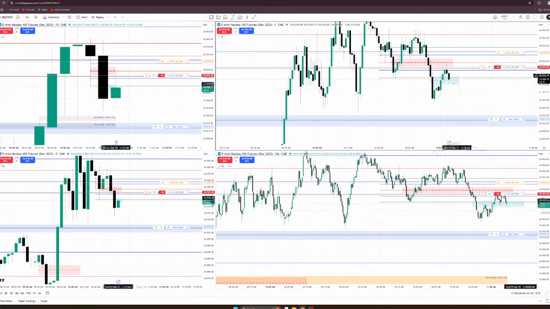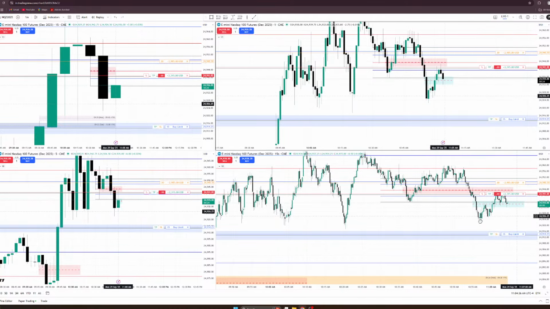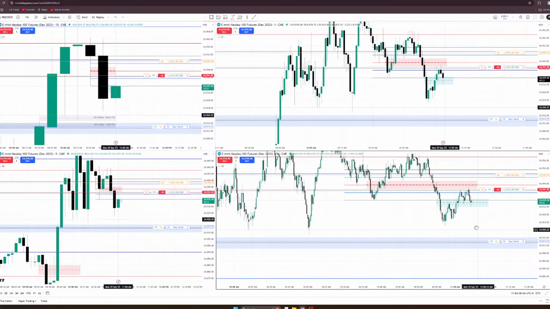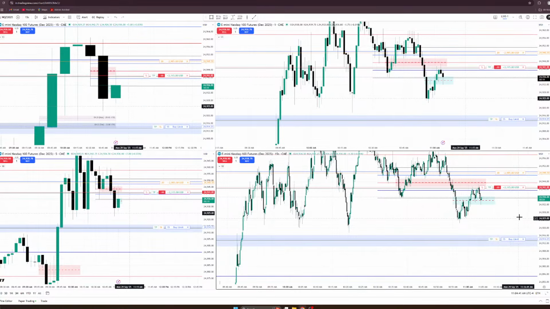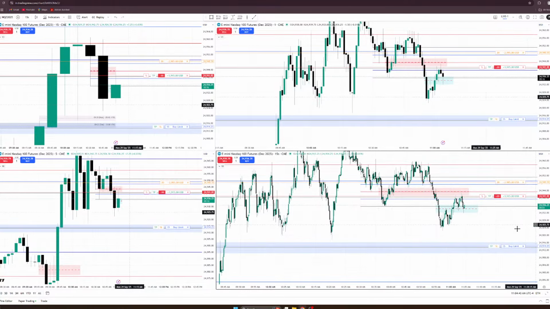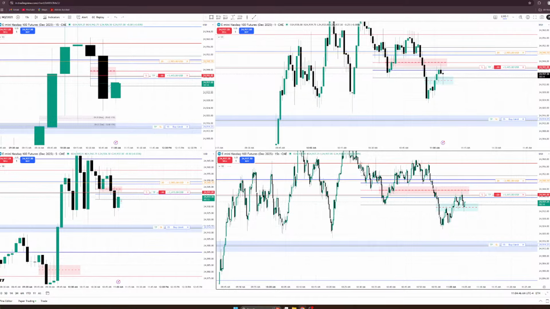I want to see this candle close below this bearish fair value gap, guys.